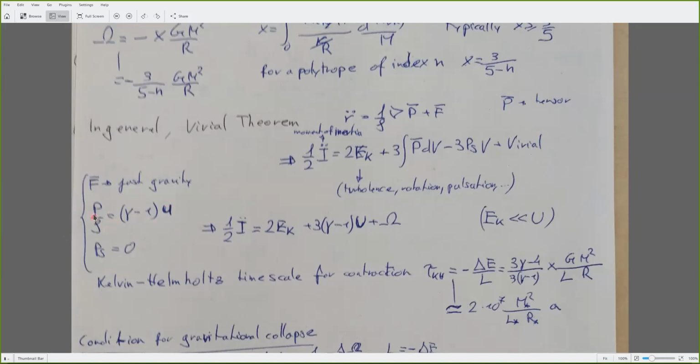Supposing that pressure divided by density has this dependence on the internal energy per mass, and then surface pressure equal to 0, you have this one, which is quite usual, similar to the old one, always considering the global kinetic energy is really smaller than the internal energy.